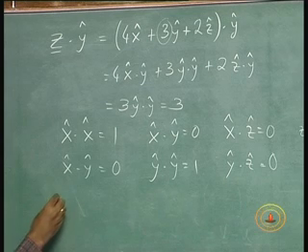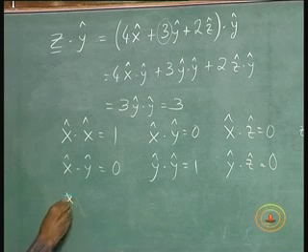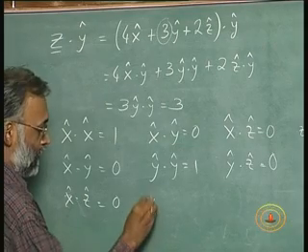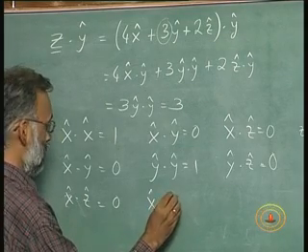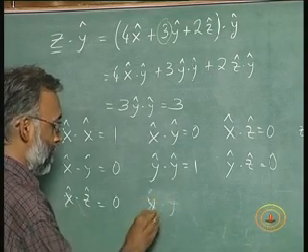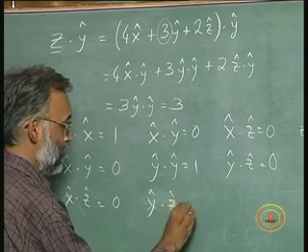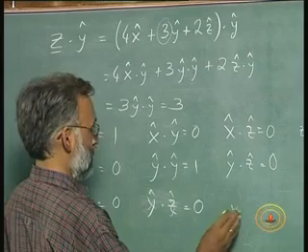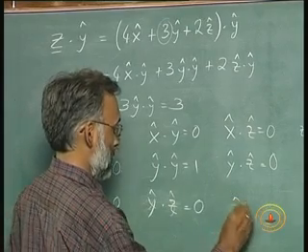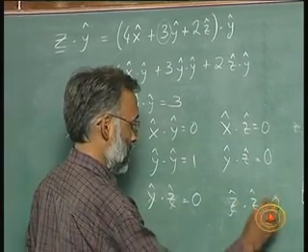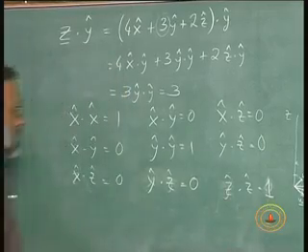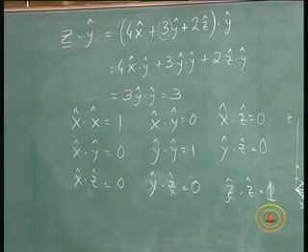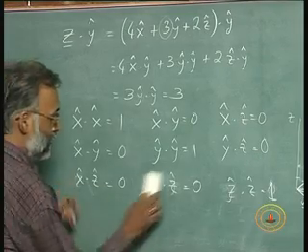Thirdly, we take z hat dot z hat, we get 1. You should get a unit matrix. This was done upside down.